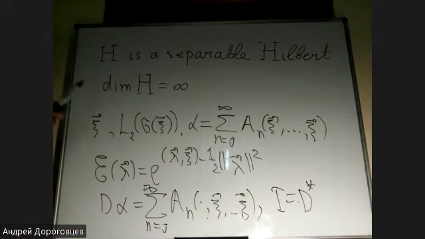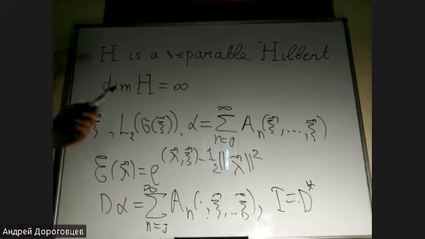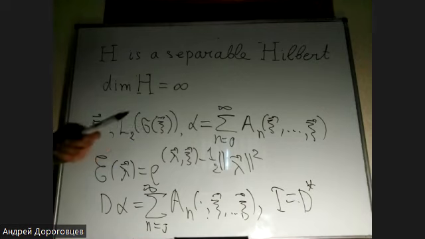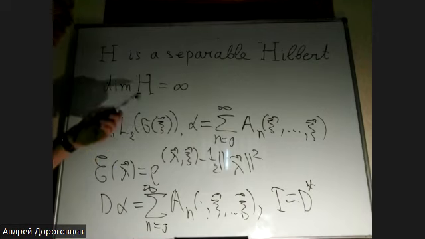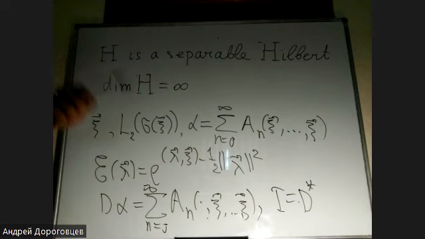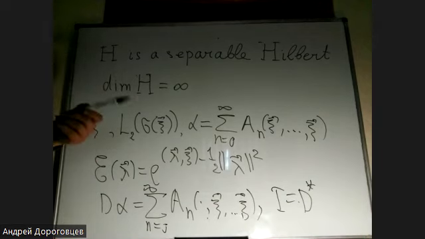When we start to consider the infinite-dimensional case, we have a problem from the very beginning, because we must have a Gaussian random vector, or it's better to say a Gaussian random element in H, with the covariance operator equal to the identity operator, because here it was the identity matrix.